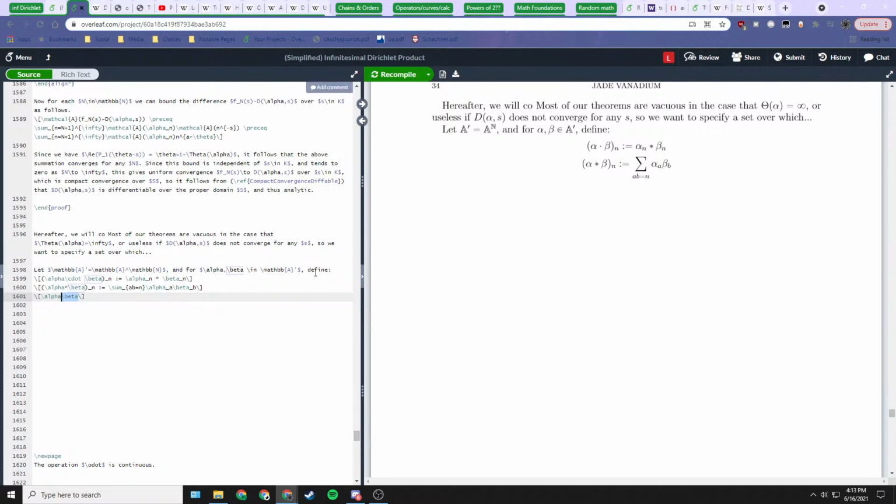I do the same thing with MathBB, which is this type of font. I can also do this for math calligraphy. I just do MACA and it autocompletes to MathCal. And also MAFA and it autocompletes to MathFrak, which is a really weird font.